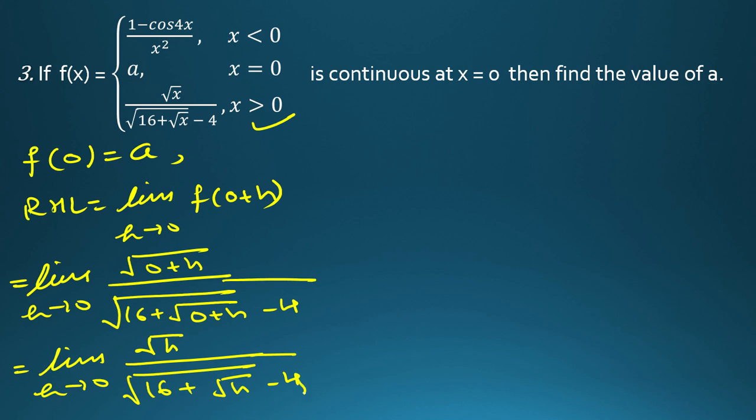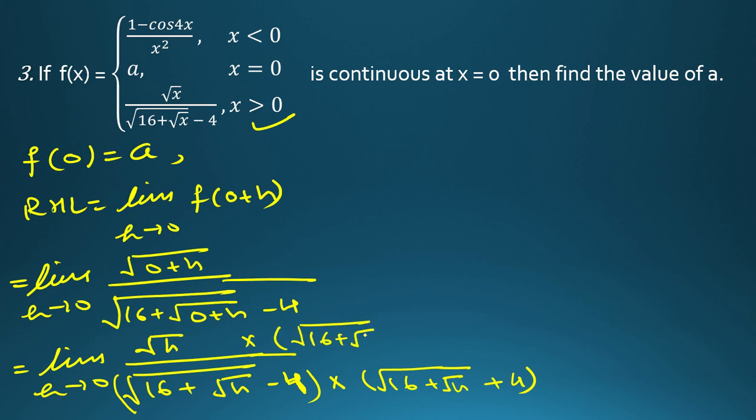Okay, now you see here we cannot put h is equal to 0. Why? Because it will be in the indeterminate form. So what can we do here? We can multiply numerator and denominator by the conjugate of the denominator. So just write positive in between, and the numerator is also multiplied with the same expression, square root of (16 plus square root of h) plus 4. Okay. Now what will it be in the simplified form?